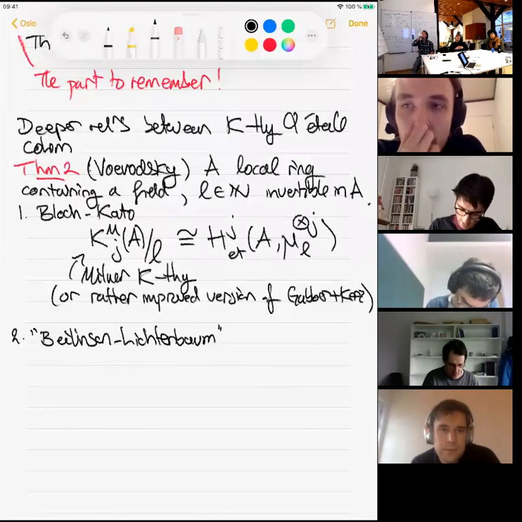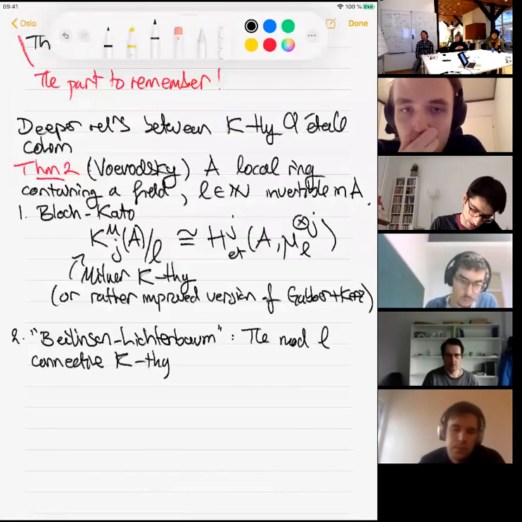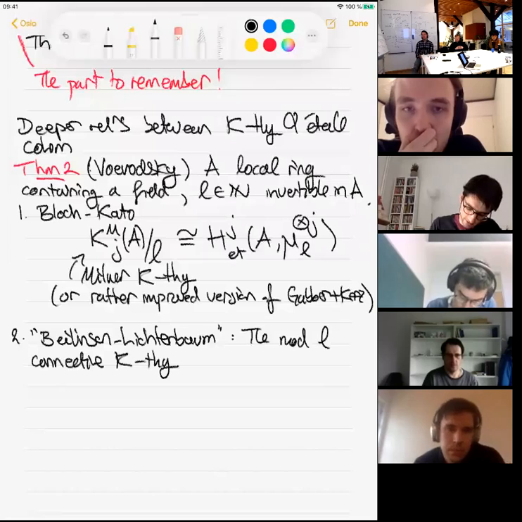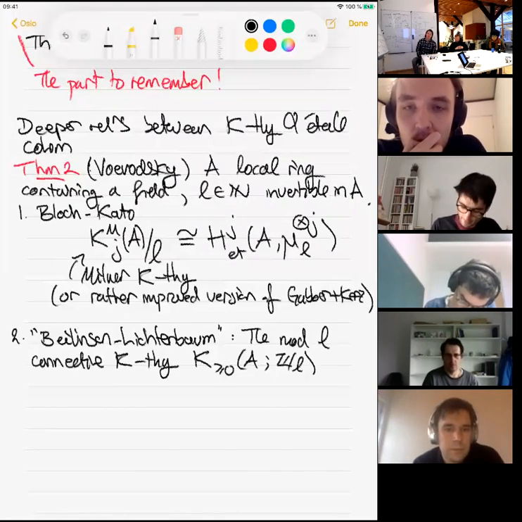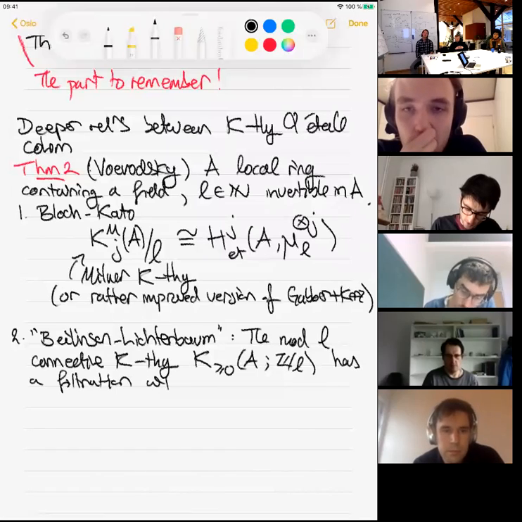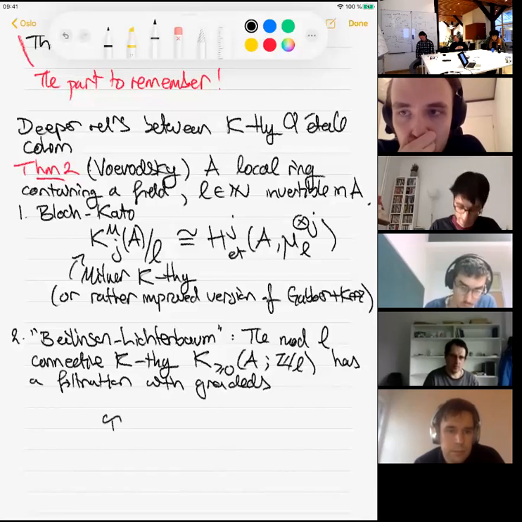And it states that the mod L connective K theory, so I take the connective K theory and then I smash it mod L, has a filtration, I guess in this case it's automatically complete, with graded pieces now given by the Beilinson-Lichtenbaum style truncations of what we saw in the étale case.